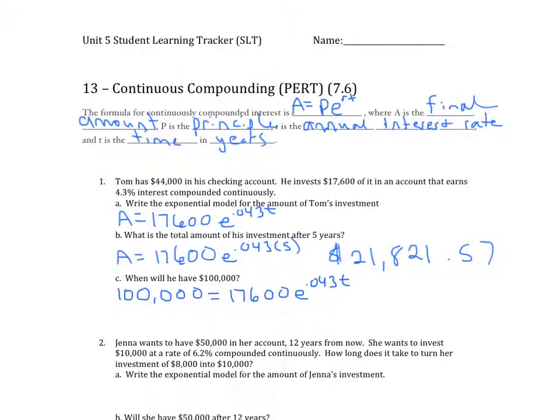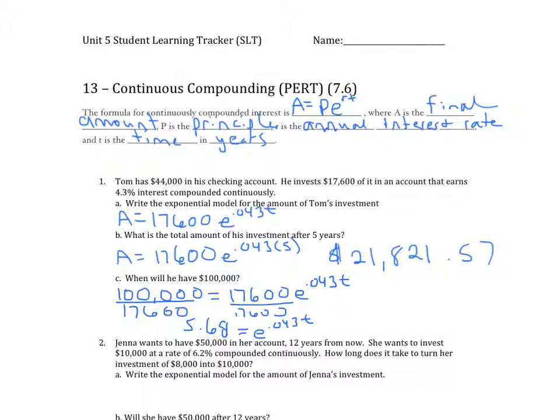Now what we want to do is solve for t. But in order to do that, we need to divide by 17,600 so that we have e by itself. So 17,600 on each side, and we divide that, and we get 5.68 equals e to the 0.043t.